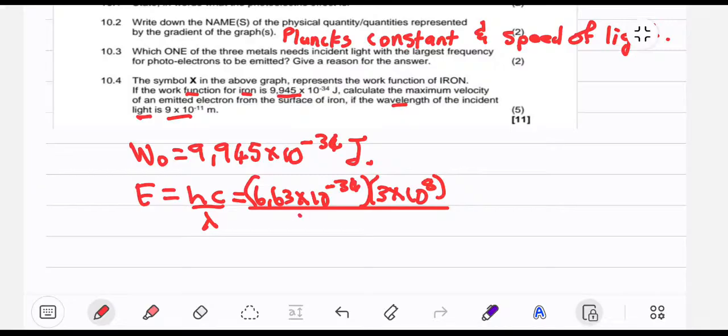Lambda there is 9 times 10 to the negative 11. So what is the answer for 6.63 times 10 to the negative 34 times 3 times 10 to the 8 over 9 times 10 to the negative 11?